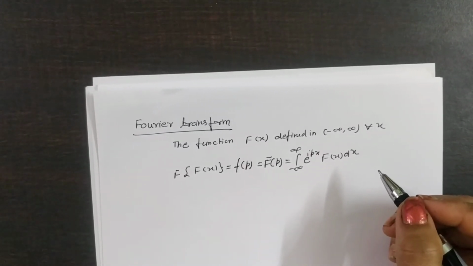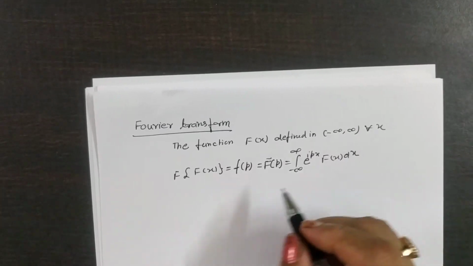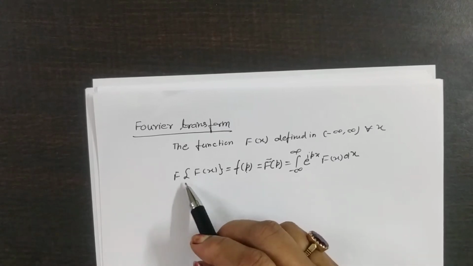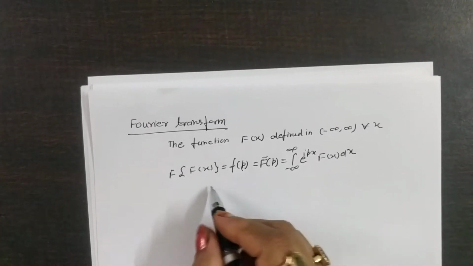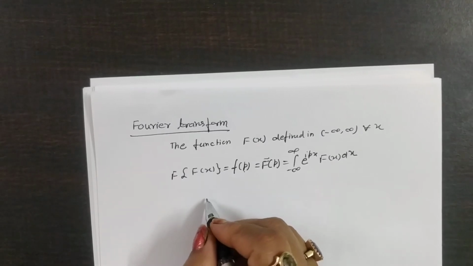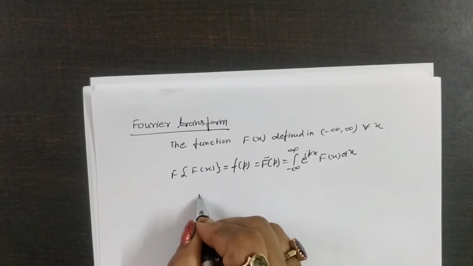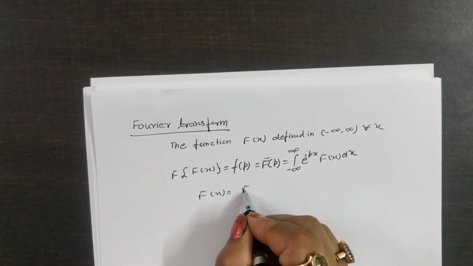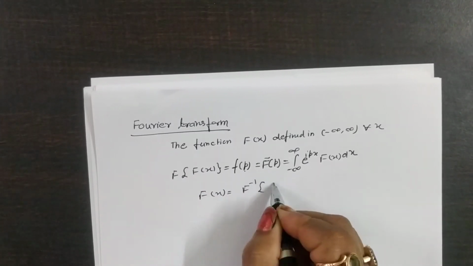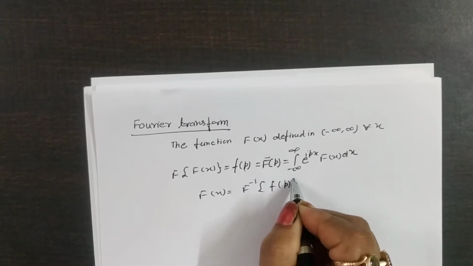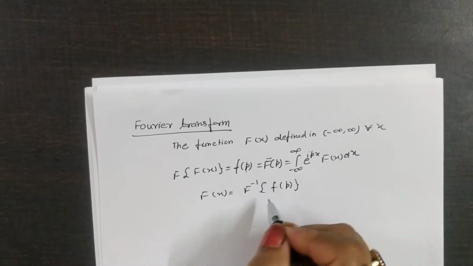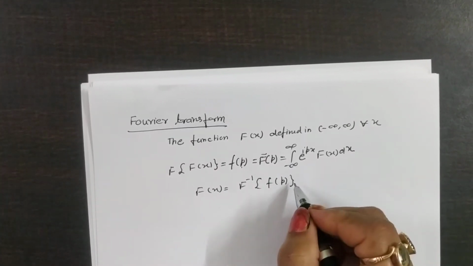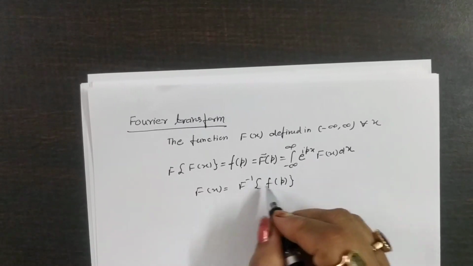Therefore this is known as the Fourier transform F of p of f of x. And for the inverse Fourier transform, f of x is equal to the inverse Fourier transform of F of p.